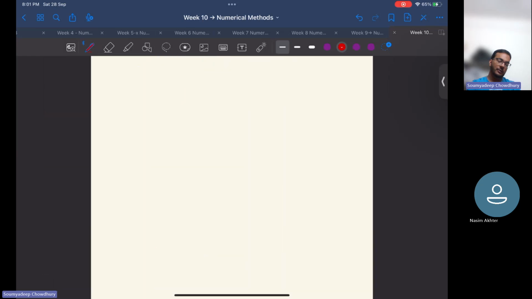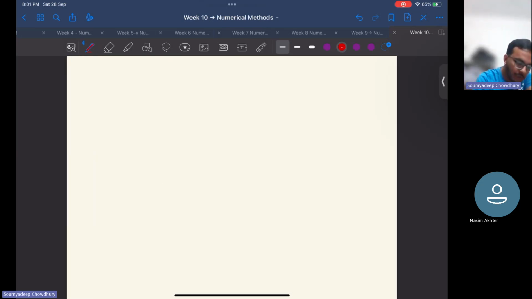If you program it and see the value of error for different values of h, we can do that easily in MATLAB. So we can see our error is proportional to the square of h in Euler's method.